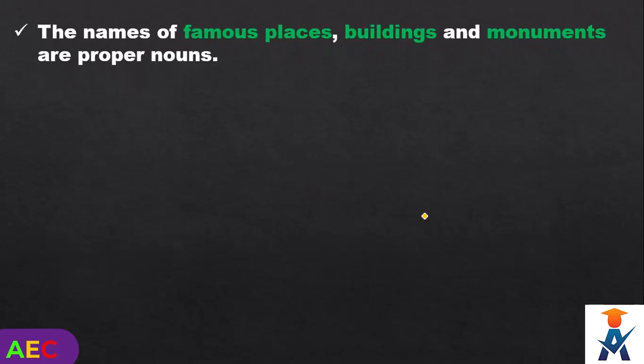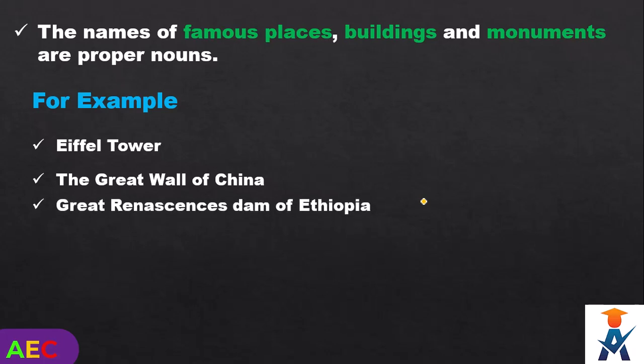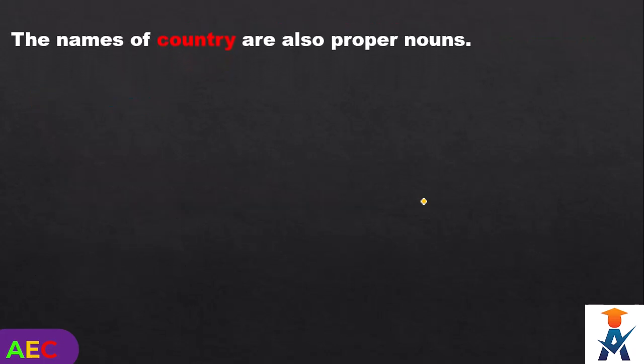The names of famous places and buildings, for example: Eiffel Tower, the Great Wall of China, Great Renaissance Dome of Ethiopia, Aksum Obelisk, the Lalibela Holy Church. Names of countries are also proper nouns.